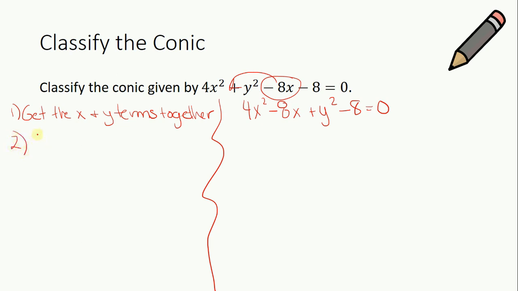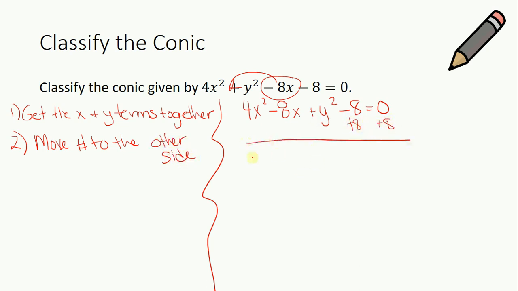Then let us move the number to the other side. Like that. So I'm going to add 8 to both sides. So I got 4x squared minus 8x plus y squared equals 8.